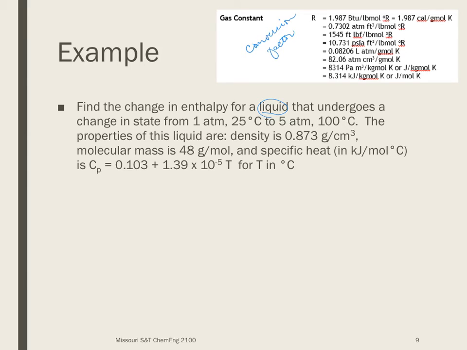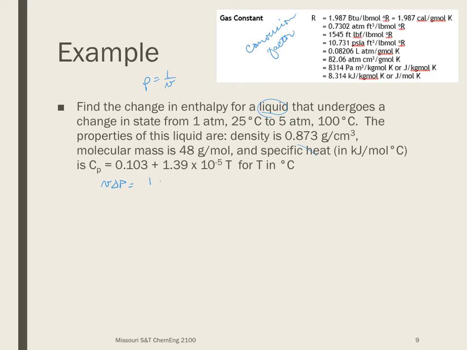So first I'm going to look at the V delta P piece. Now for V delta P, the volume, recall that density is 1 over the specific volume, and so specific volume is therefore the reciprocal of the given density.